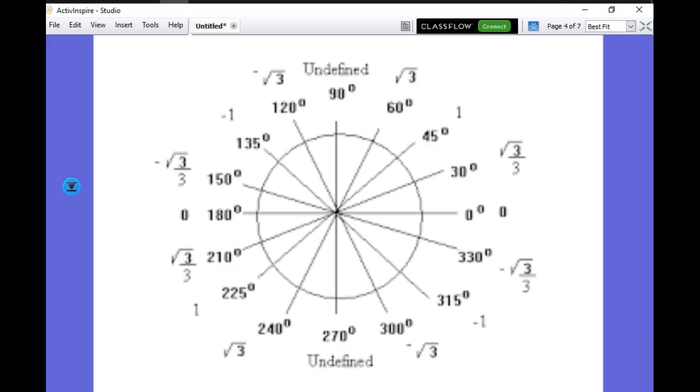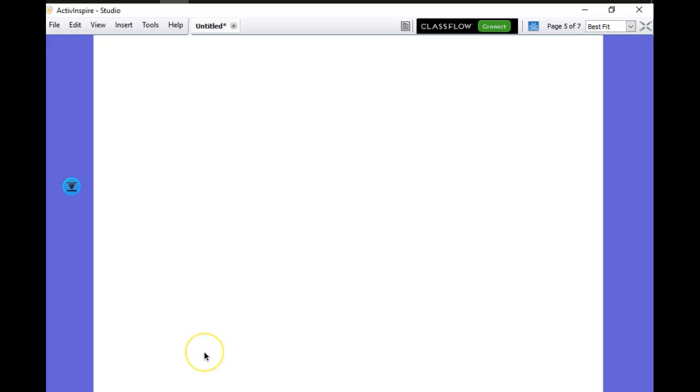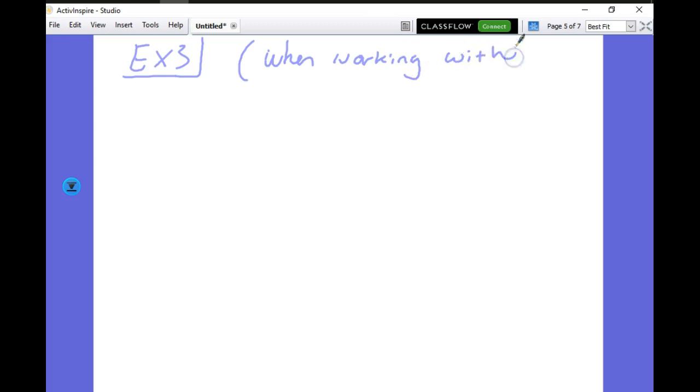All right. Let's go ahead and move on to the final bit for our day today. This one requires a little bit more math. Example 3. When working with secant, cosecant, or cotangent, we have to do reciprocals.